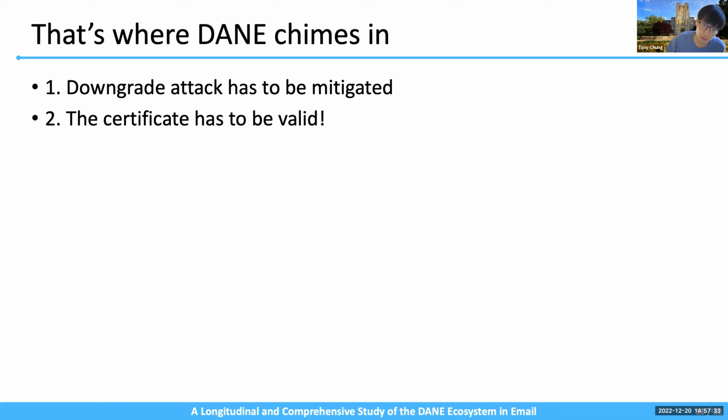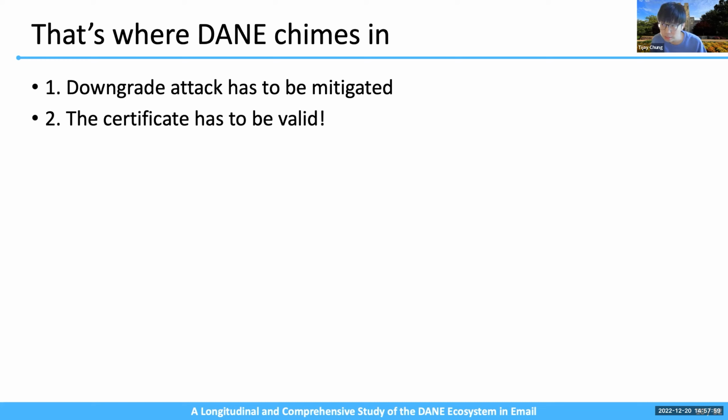So DANE, at a very high level, tries to prevent downgrade attacks. What is meant by that is, DANE can explicitly signal to the clients that the server supports TLS, right? Because DANE uses DNS, which will be covered later. So DANE lets the client know the server supports TLS, so that the client can always try to communicate with the server using TLS.